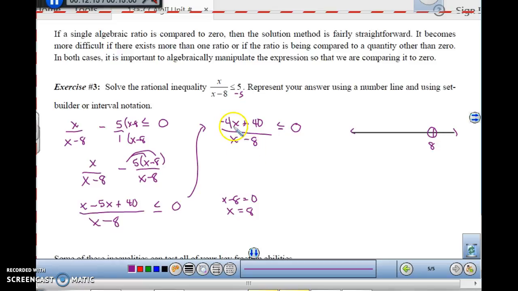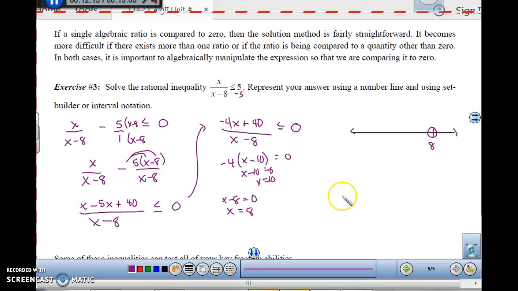Now for the numerator, I have to factor negative 4 times x minus 10. The negative 4 isn't going to affect anything, but if I want the numerator equal to 0, x minus 10 equals 0, x will equal 10. Now, is the 10 included? Yeah, the 10 is going to be included because it can equal 0.